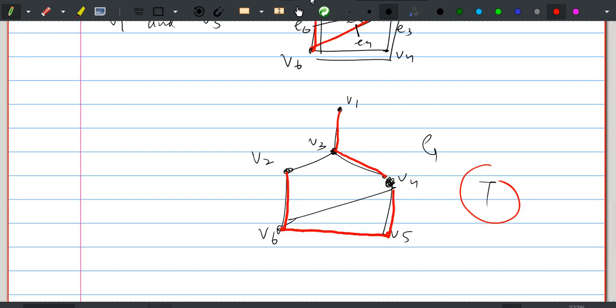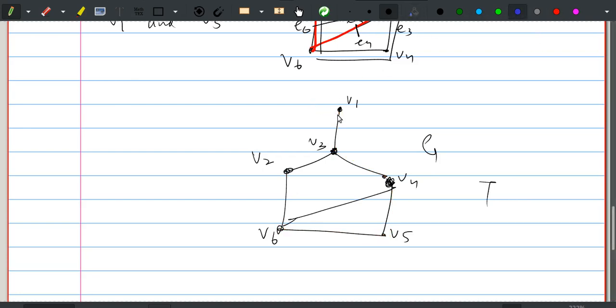In the previous case these two edges were the chords and the remaining edges were branches.